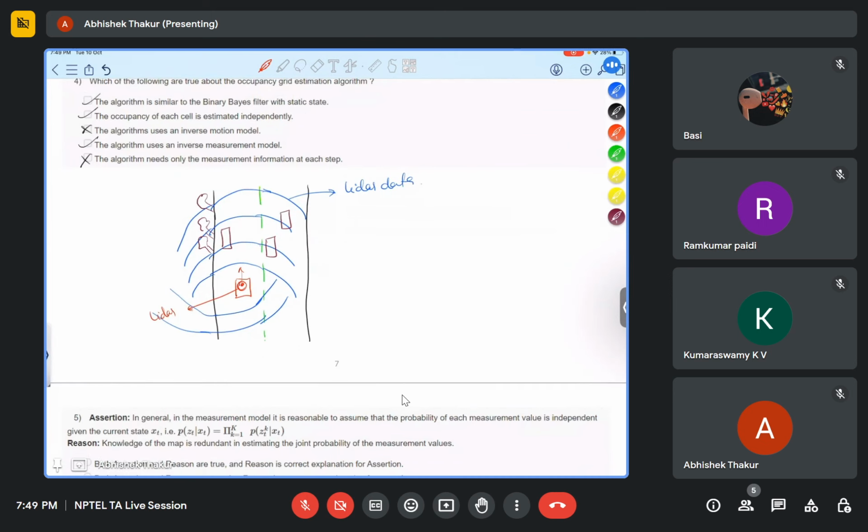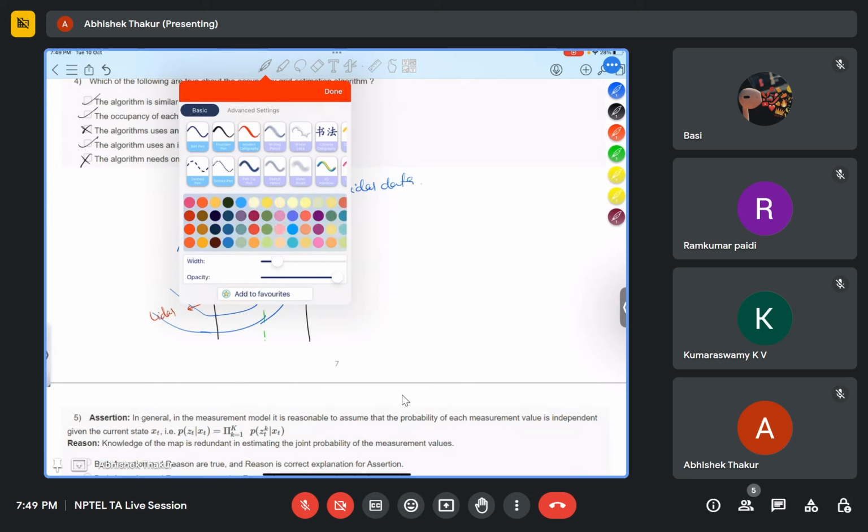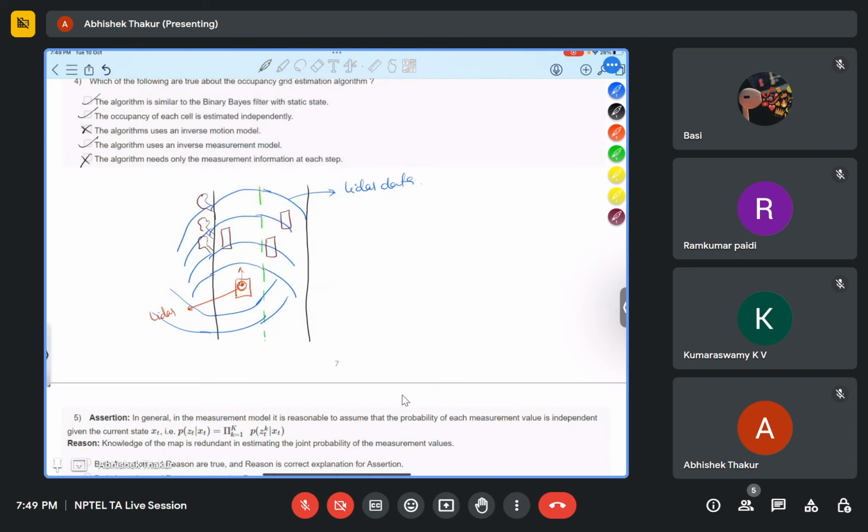So what happens in this case? After collecting the data from sensors like LiDAR, it will create the environment in the grid. Let's suppose we have detected the road area because we are not interested in navigating outside the road area. This is the road area detected by the sensor.